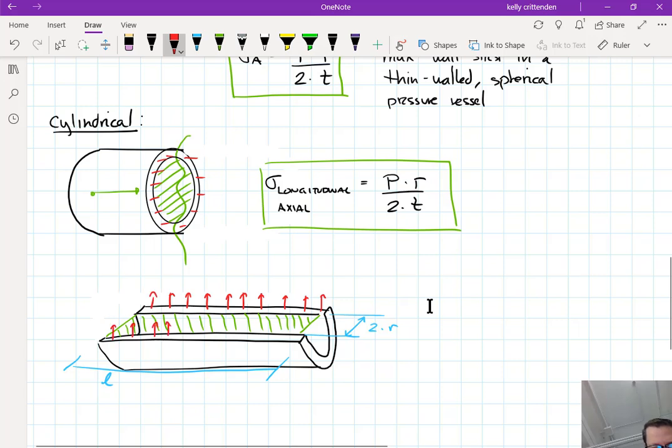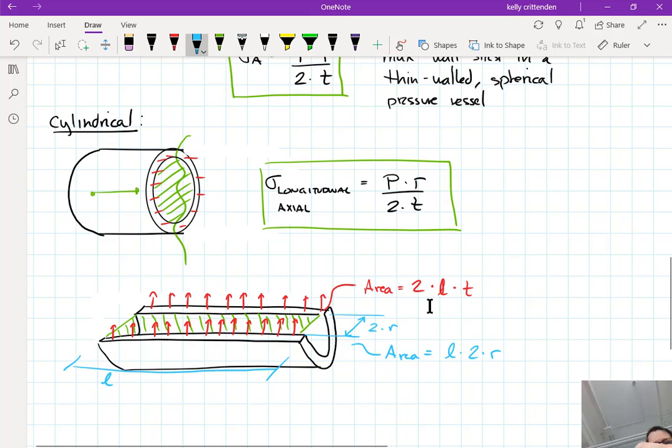So there's actually 2 of these walls. Each of them has a thickness of T and a length of L. So this total area would be 2 of them, the front one and the back one, times the length, L, times the wall thickness T. And then the pressure acts on an area that is L times 2 times R.